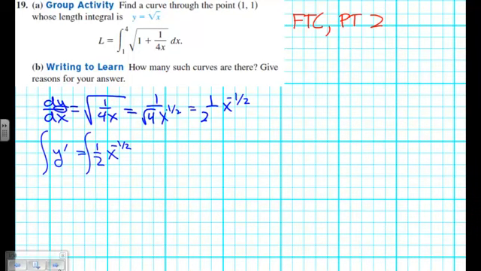The value of a function at b is equal to the value of the function at a plus the integral from a to b of f prime.